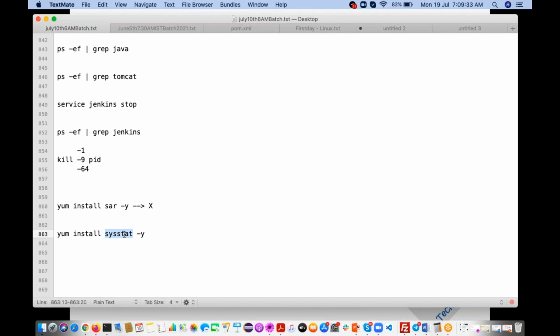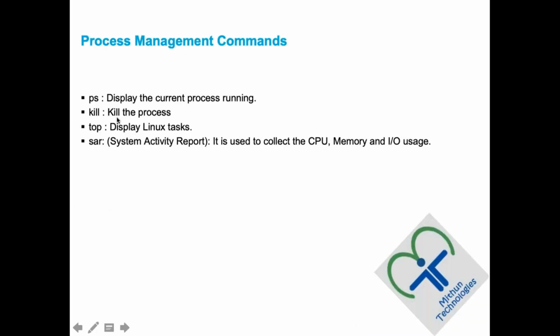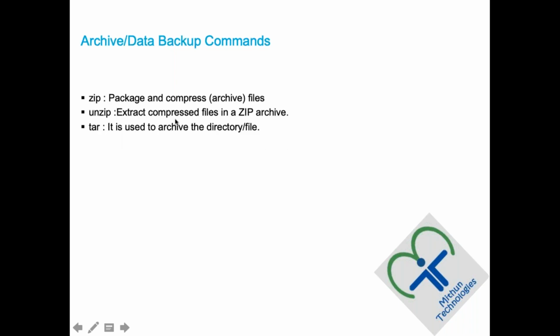You have to use this package name to install SAR. After executing this command, the SAR command is going to work. Okay, so just go ahead and install this package and you can use it. Clear? So guys, the ps command, kill command, and top command, these three are very, very important commands. Clear? So next one is archive commands.